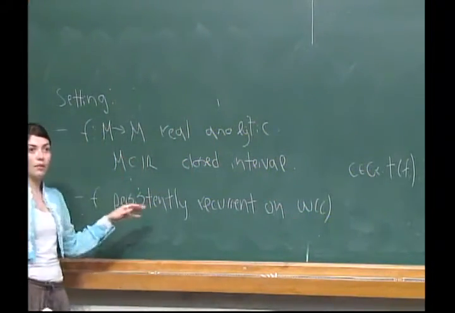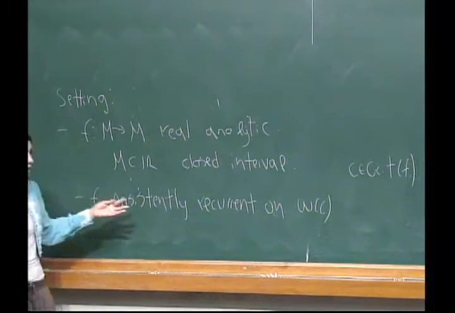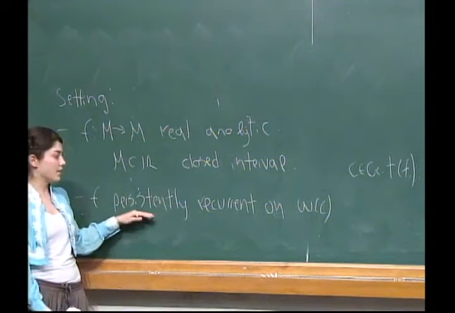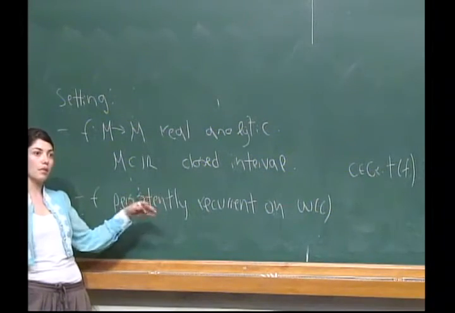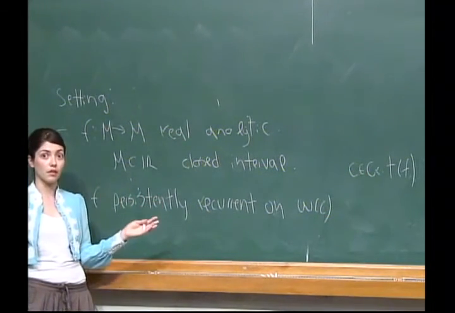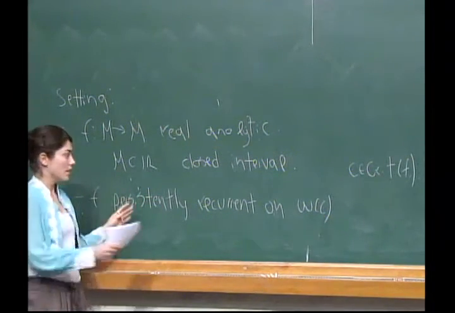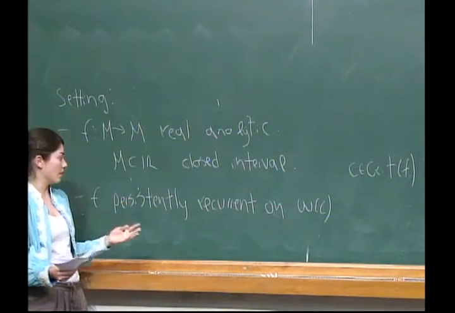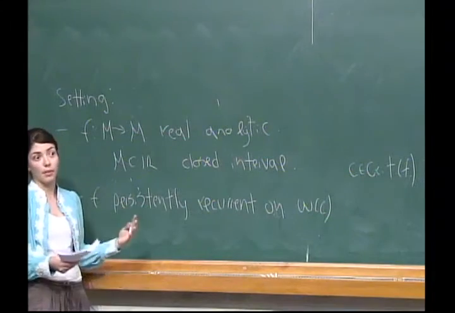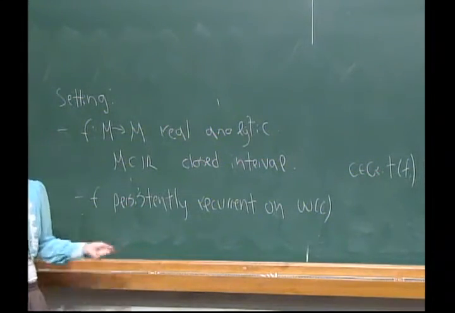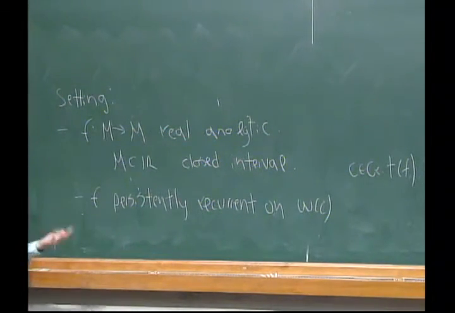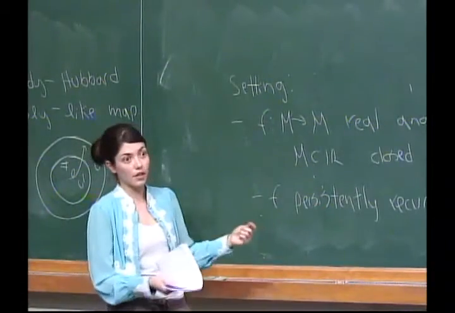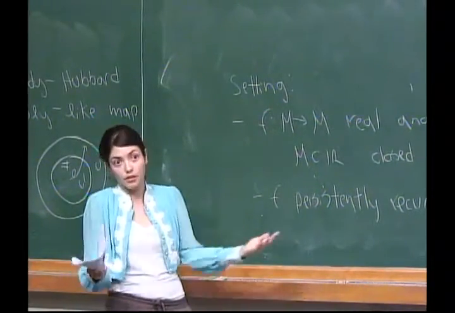For people who know more about this area, persistent recurrence means that each puzzle piece has only finitely many children. If you don't know that, it implies that the omega limit set is minimal, and in fact, the definition we're taking is that the critical point is non-periodic. So imagine for the time being that the omega limit set is minimal and the critical point is non-periodic, so it accumulates on itself but is not a periodic orbit.